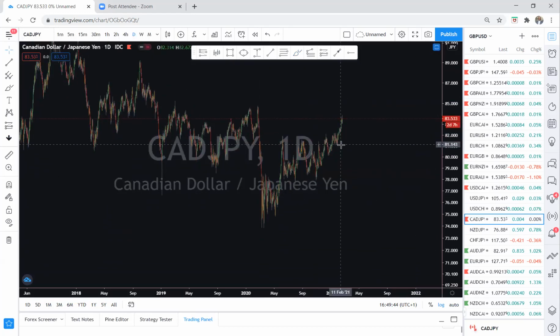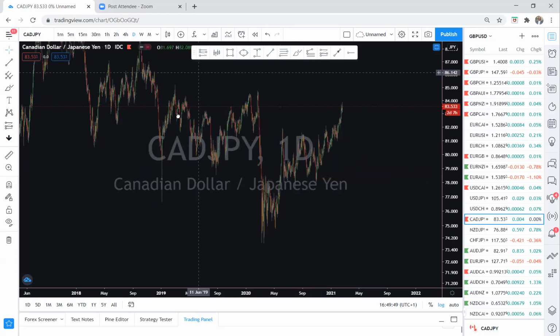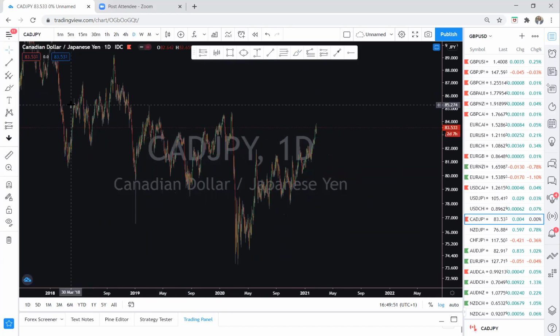Let's look at the yen pairs now. Very beautiful setup. We have made a lot of money on yen pairs. You can see this is a three-wave structure in the middle. Let's use the annotation too, please.